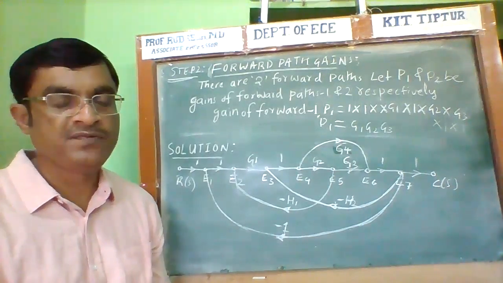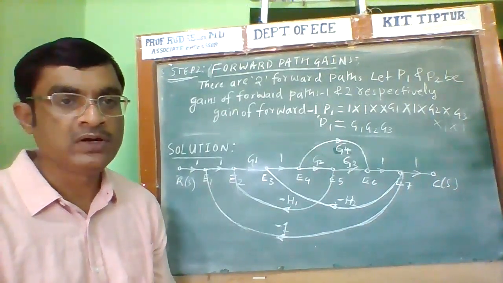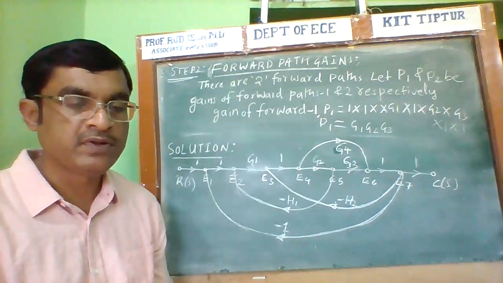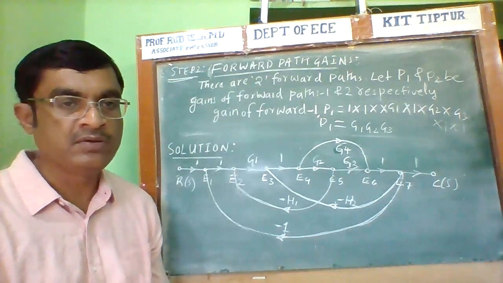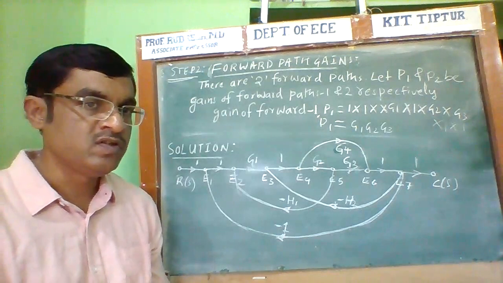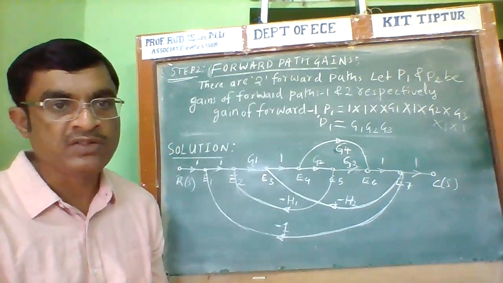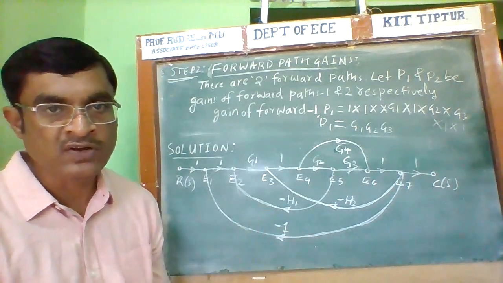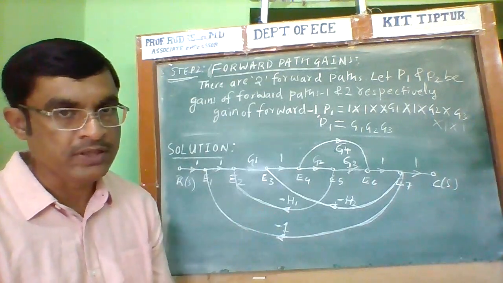The second step of calculating the overall gain of the system represented as a signal flow graph using Mason's gain formula: the first step is to write the formula, and the second step is to calculate the forward path gains.